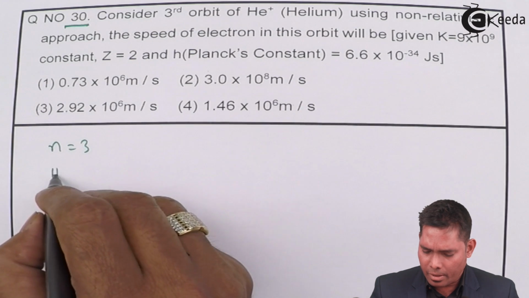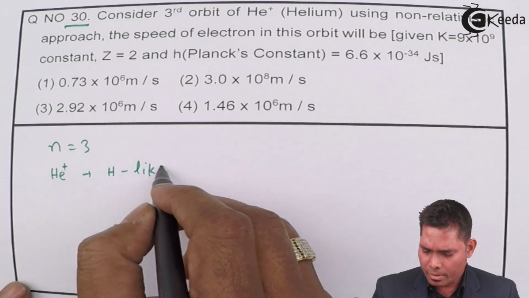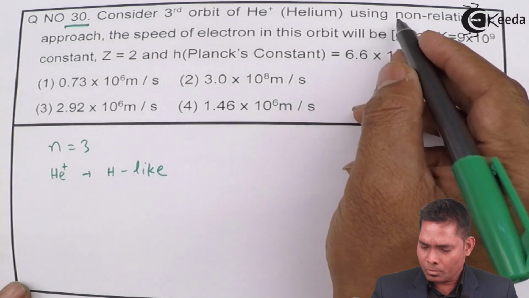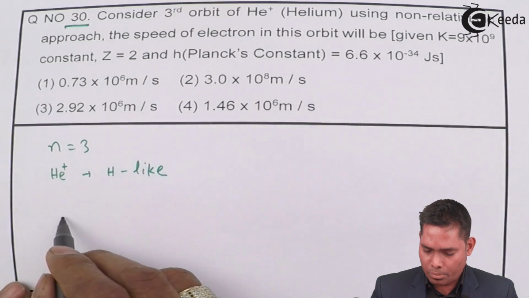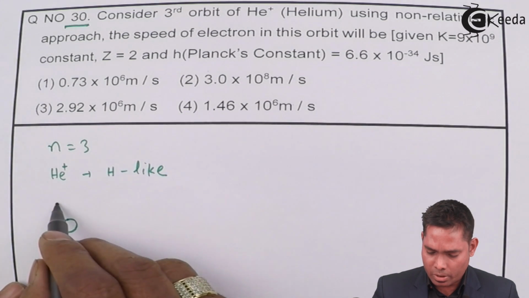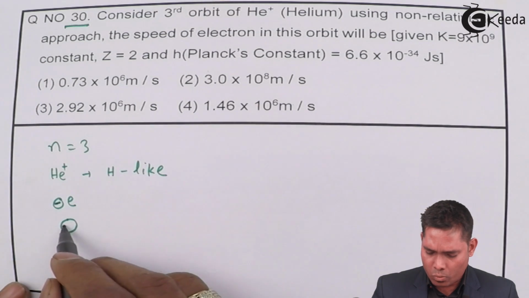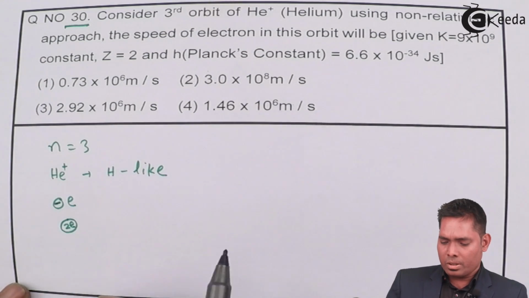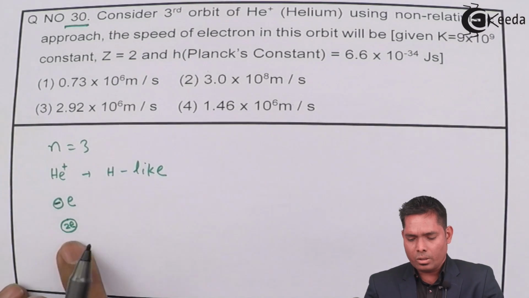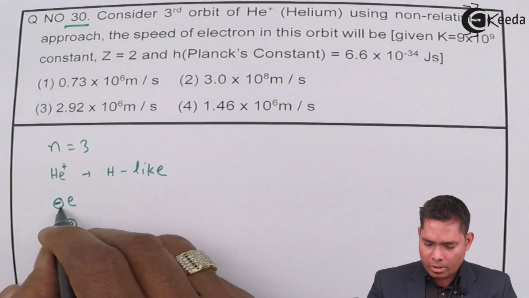Helium plus is hydrogen-like. If you think of He plus, this is the nucleus and one electron is revolving here. The nucleus charge is 2e because it contains two protons, and this is n equal to 3.